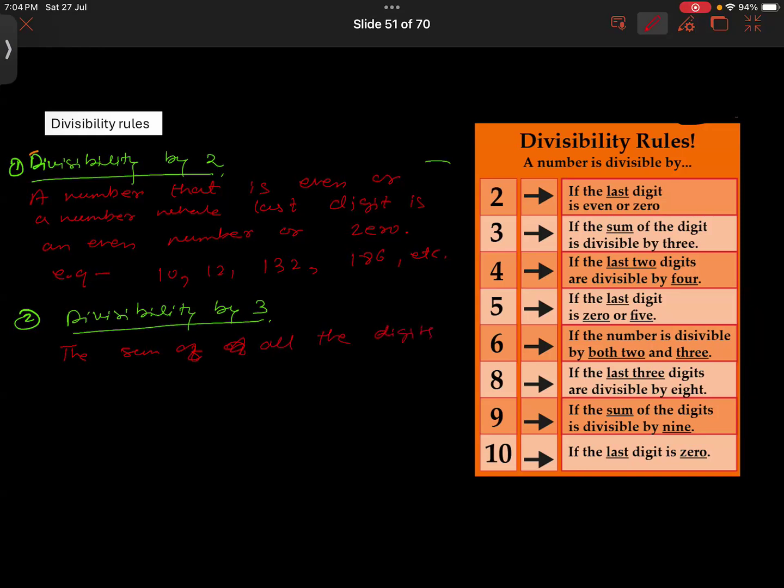Sir, can you read the divisibility by 2? A number that is even or a number whose last digit is an even number or 0.